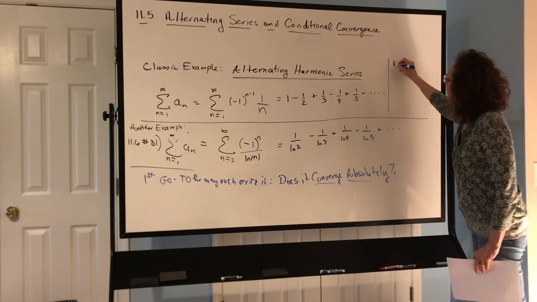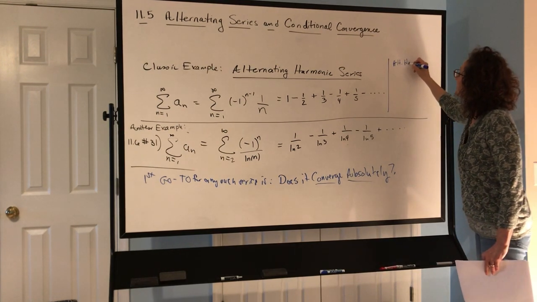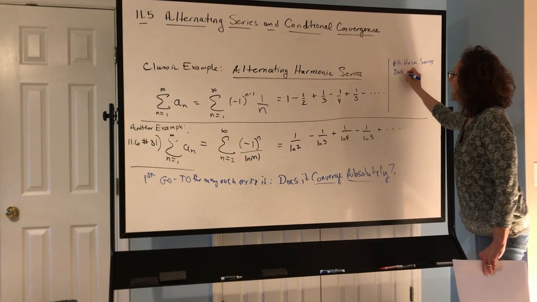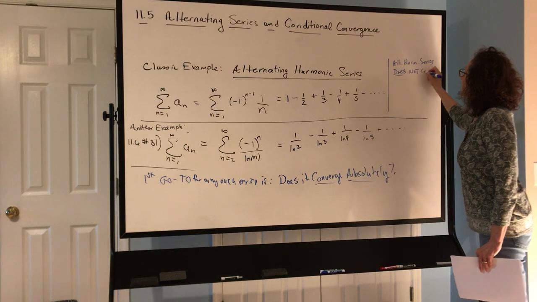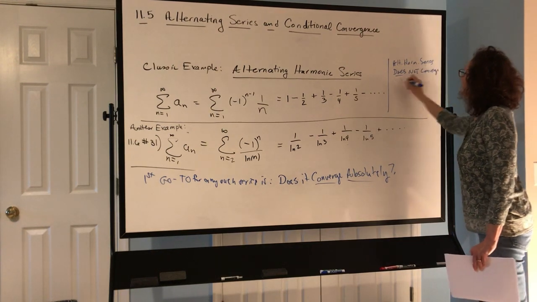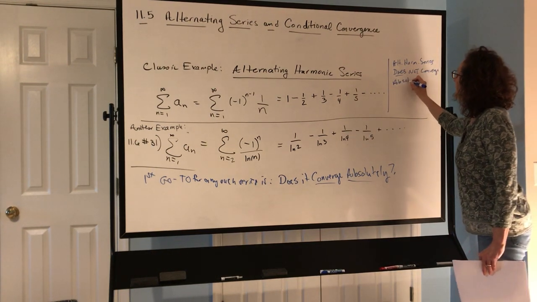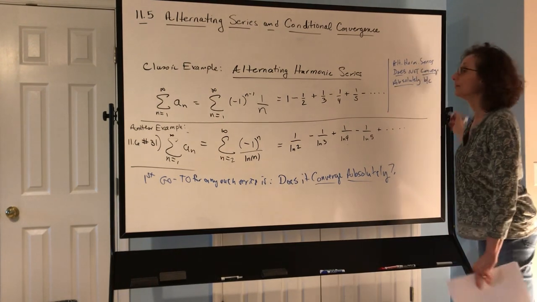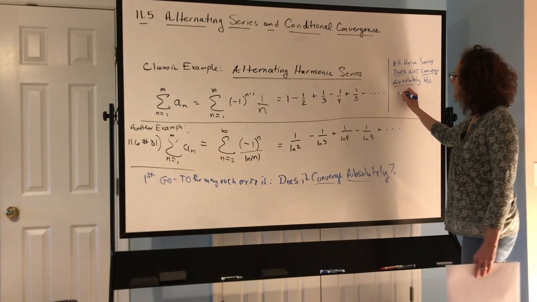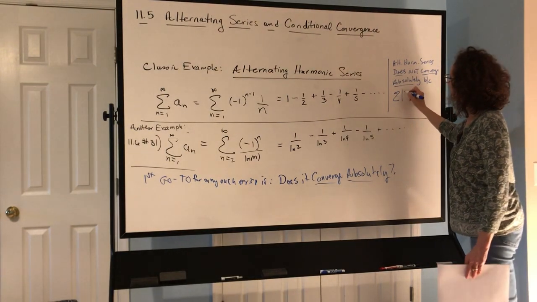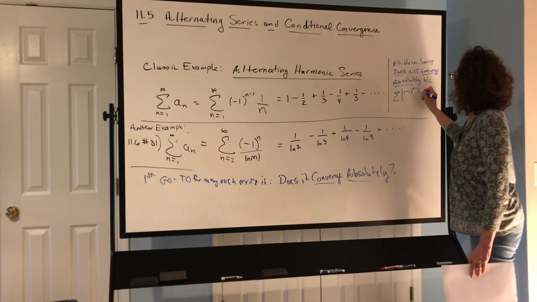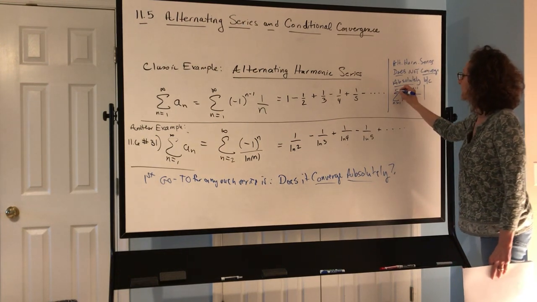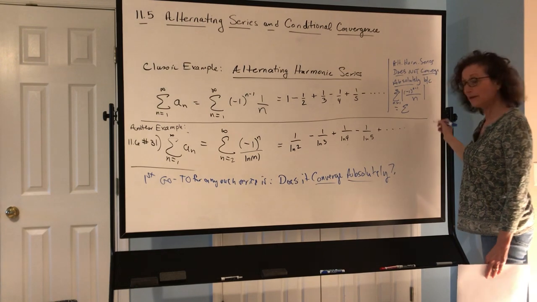So the alternating harmonic series does not converge absolutely. Why? Because if I look at the sum of its absolute values, that's just what series?